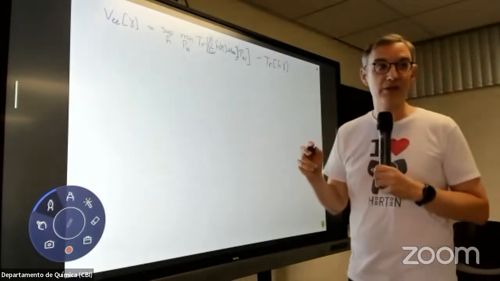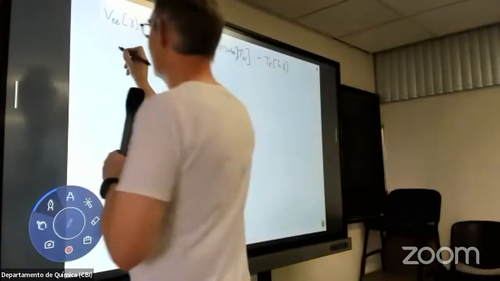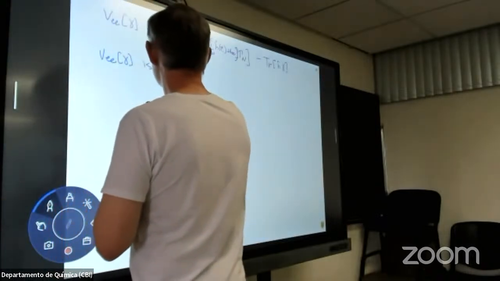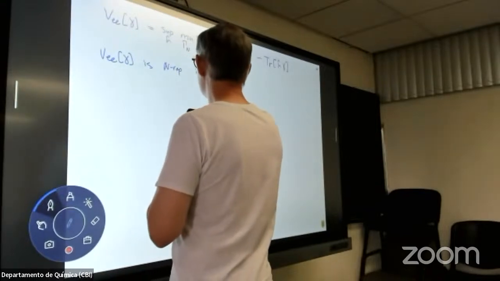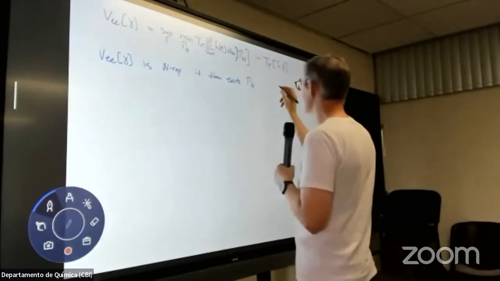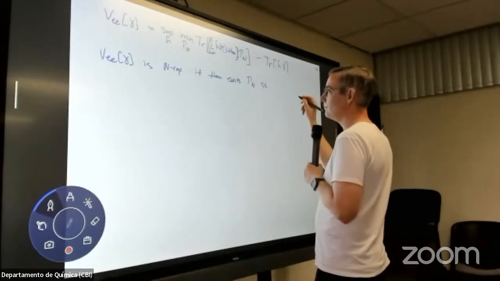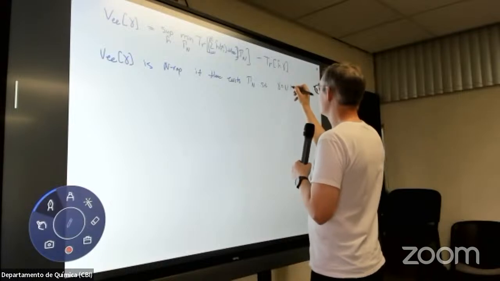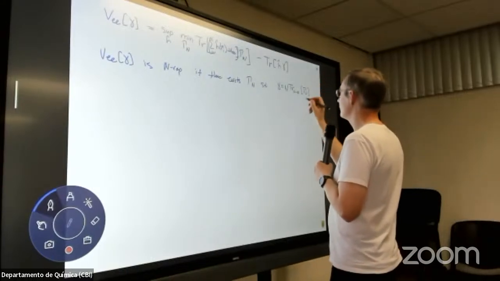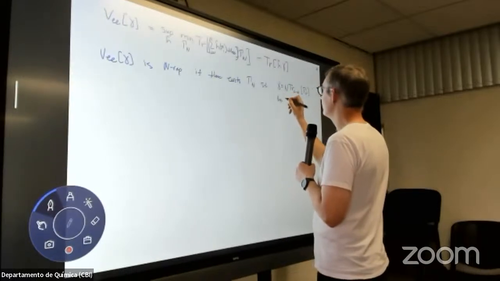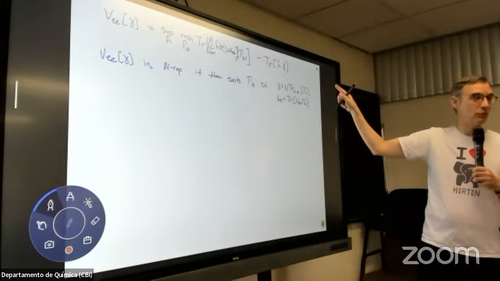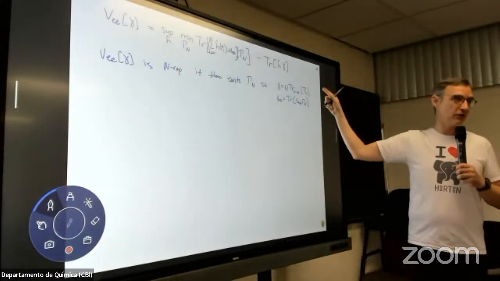So this is the exact functional, but of course, we're only dealing with approximate functionals. And the approximate functional is, you know, there's some n-electron system such that when I leave out just one electron and I trace over all the others, I get back the one electron density matrix.